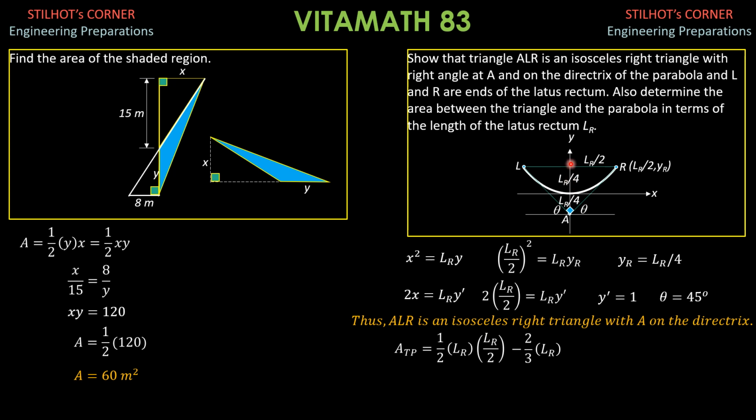Its distance from the focus is LR over 4 also. So if the point is at the ends of the latus rectum, its distance from the focus is LR over 2. Its distance from the directrix is also LR over 2, LR over 4 plus LR over 4.